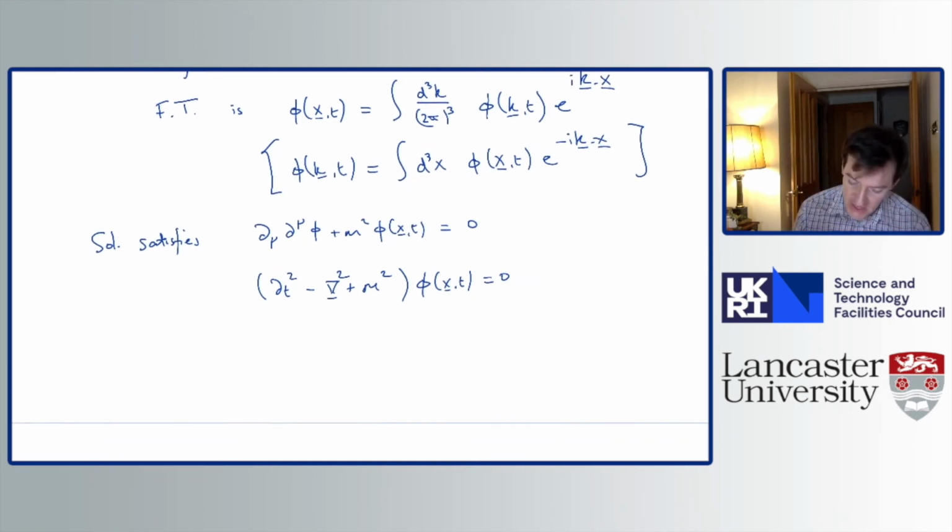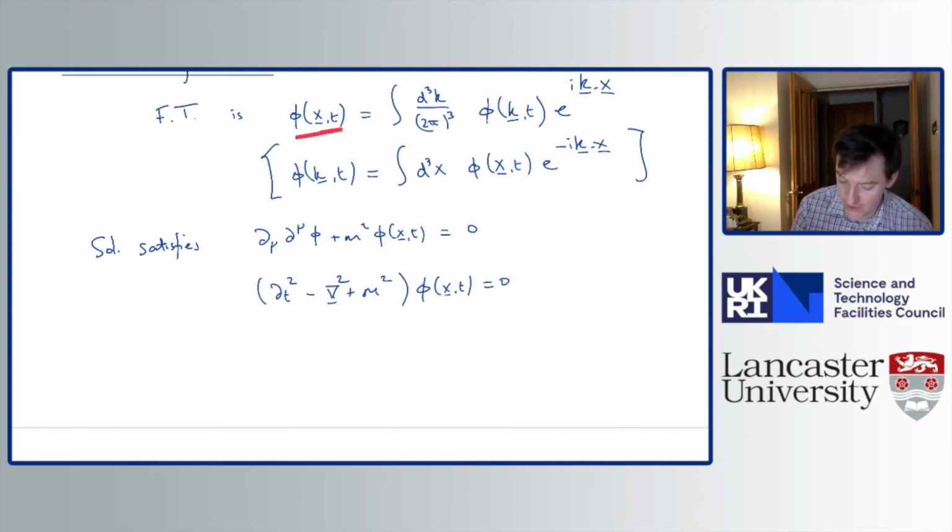So we can substitute in our Fourier decomposition into the Klein-Gordon equation. We're going to have this d3k. My k is not a function of time, so it's going to sit at the front.